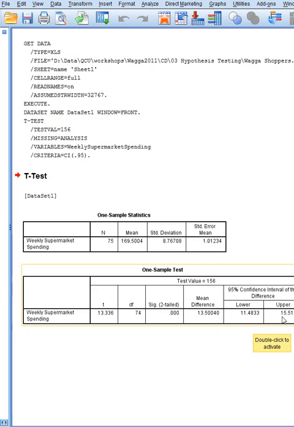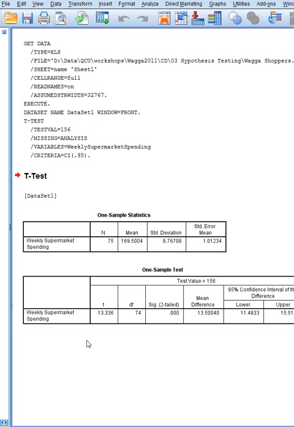This confidence interval here is centered around the difference, so it's giving you the confidence interval of the difference. If this confidence interval contains zero, so if it goes from a negative number to a positive number, then there's not a significant difference between the hypothesized value and the mean of your sample. In this case, both of these are positive, and so there is a significant difference.